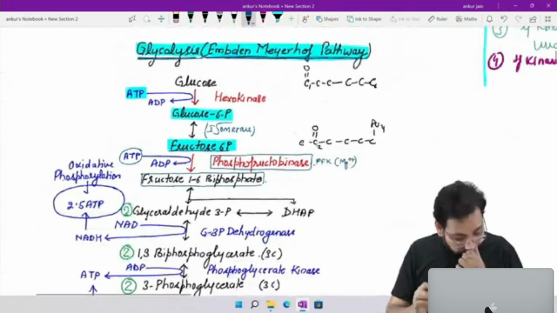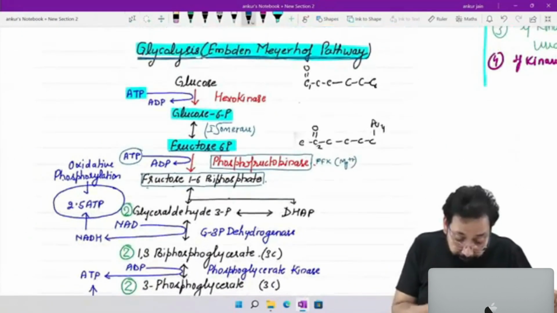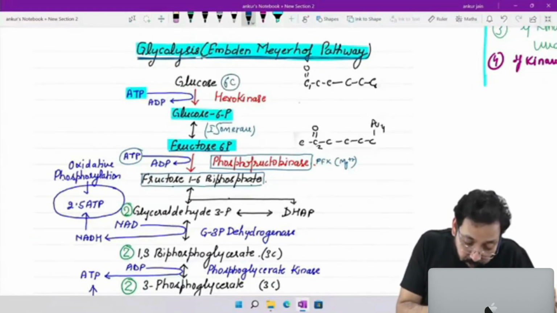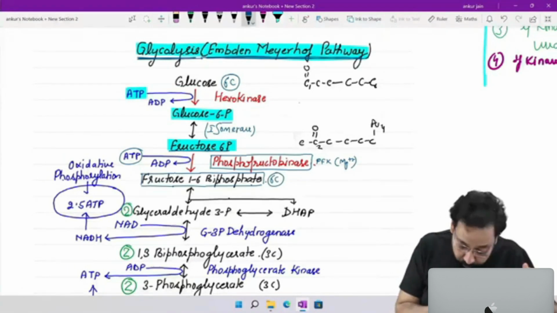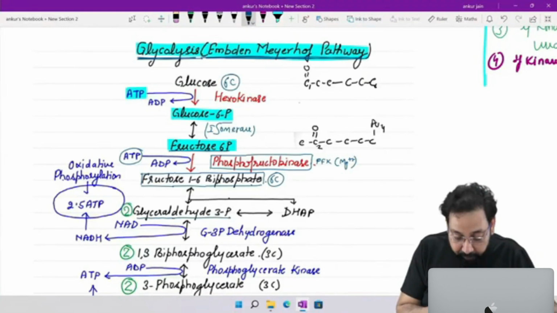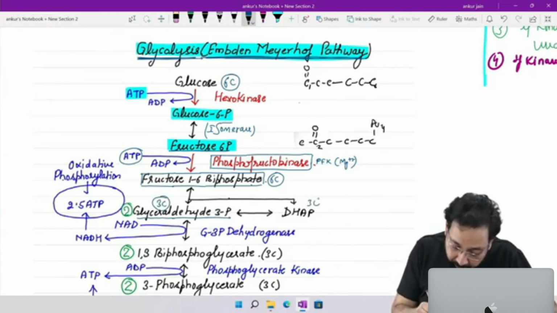Clear? Now, fructose 1,6 biphosphate has 6 carbon, as glucose has 6 carbon, but it has 2 phosphates. It is converted to 2 molecules: one is glyceraldehyde 3-phosphate having 3 carbon, the other is DHAP having 3 carbon.